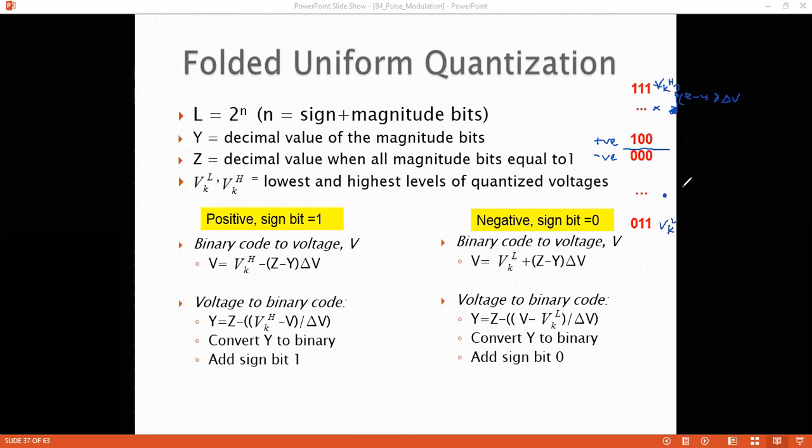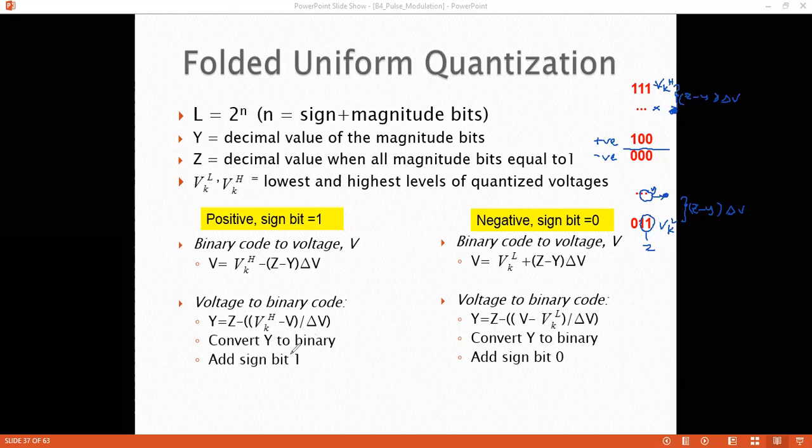Obviously, if you want to move up, we have to add, so it becomes Z minus Y times delta V. Z is the decimal value of the magnitude bits at this point; at this point it is Y, over here it is Z. So Z minus Y times delta V gives the quantized voltage at this point of Y. Once we solve, we get Y, the decimal value.